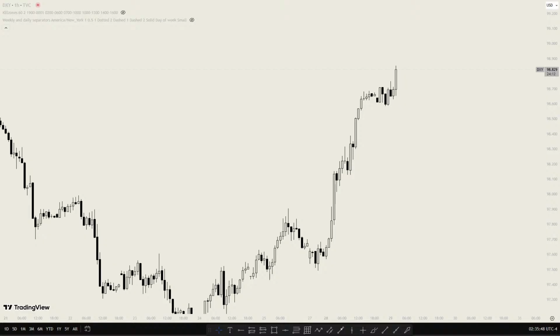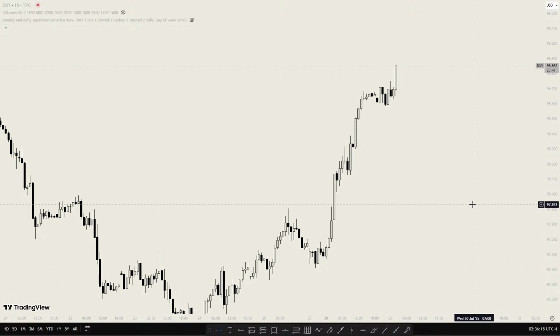You will see that when dollar is bullish, the foreign currencies are bearish, so they are opposite correlated, so they are not going in the same direction. So that is why when you have the direction on the dollar, it's easy for you to also have the direction on the foreign currencies.